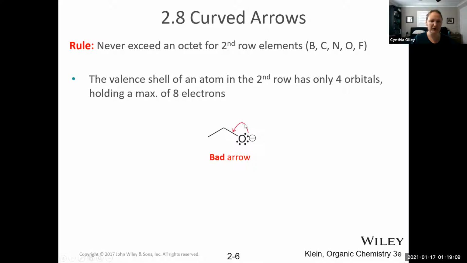That would mean that this carbon now would be having 5 bonds because of the 2 hydrogens, the carbon, and now 2 bonds to oxygen. Remember that carbon cannot make 5 bonds. So we cannot draw this arrow. This is considered a bad arrow, right? Because we are exceeding the octet on carbon, which is not possible.